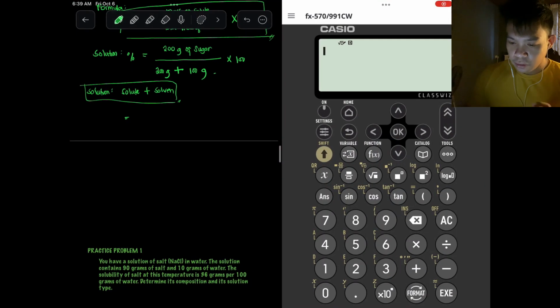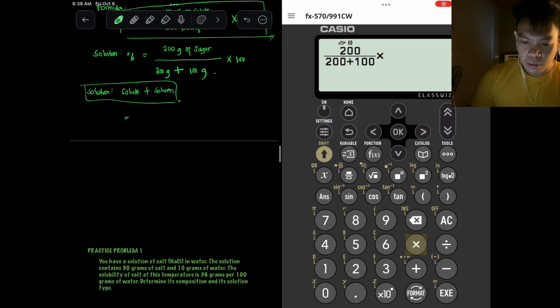Using our calculator, the division sign, we have 200 all over 200 plus 100 grams of water, multiplied by 100. What is the answer?